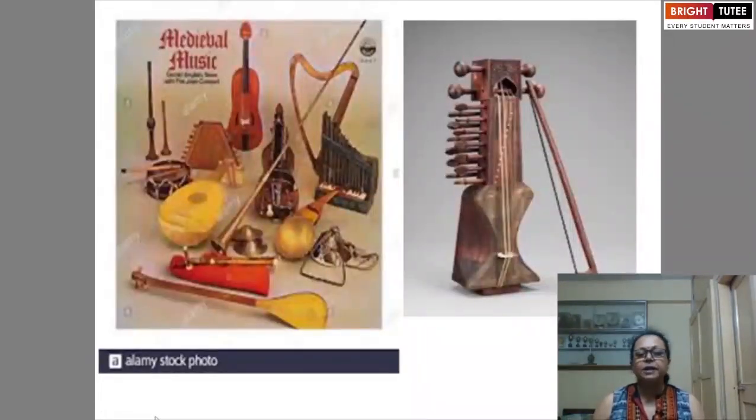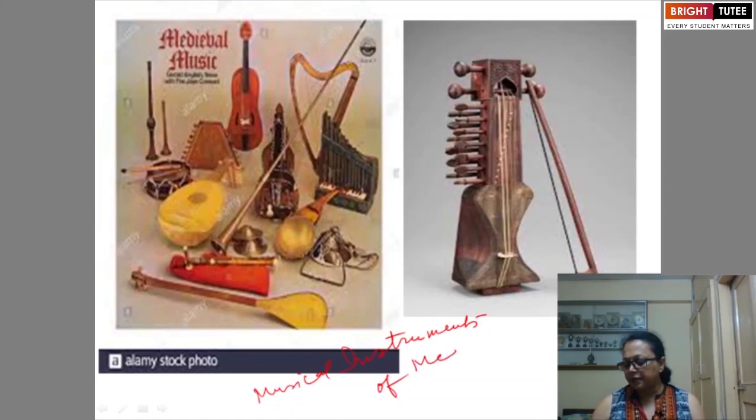These are the instruments used in medieval India, musical instruments.